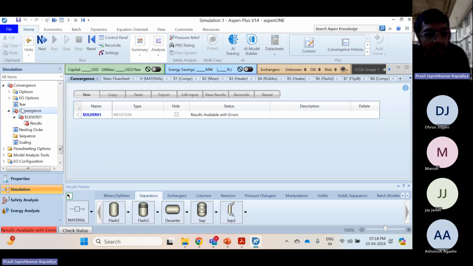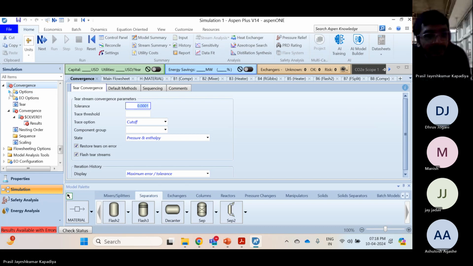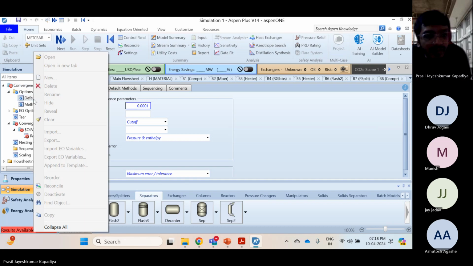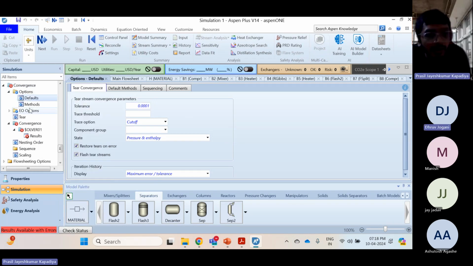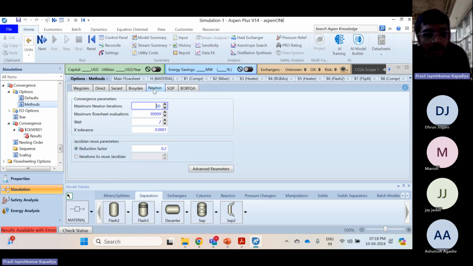You guys know? Sir, convergence. There are different methods in the drop-down menu, so here we will choose Newton.